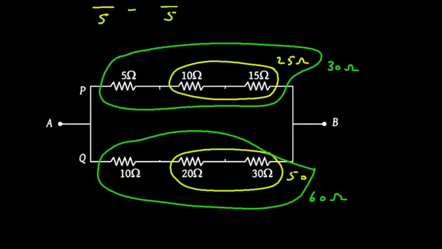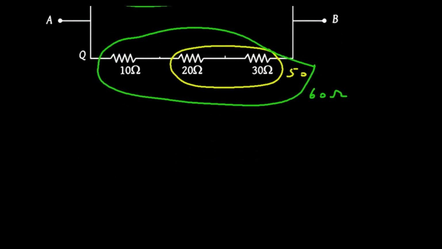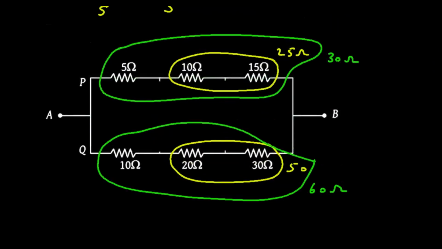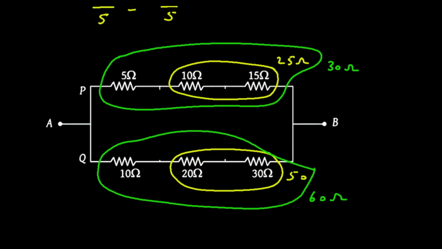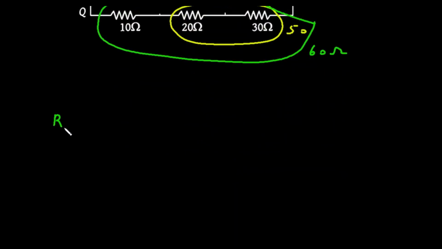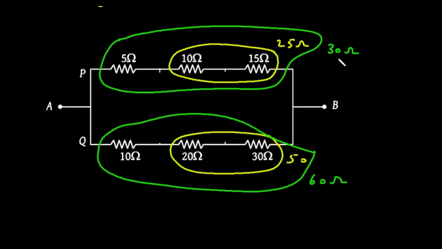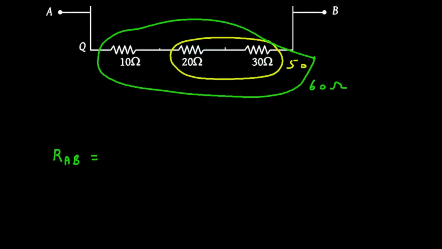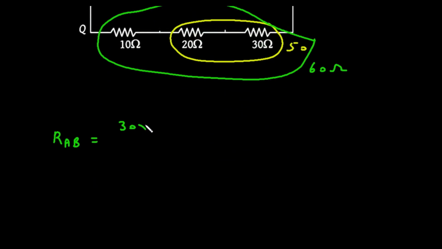Now next, here we can see this 30 ohm and 60 ohm are connected in parallel. So therefore, RAB is equal to 30 ohm parallel with 60 ohm. So 30 into 60 divided by 30 plus 60.